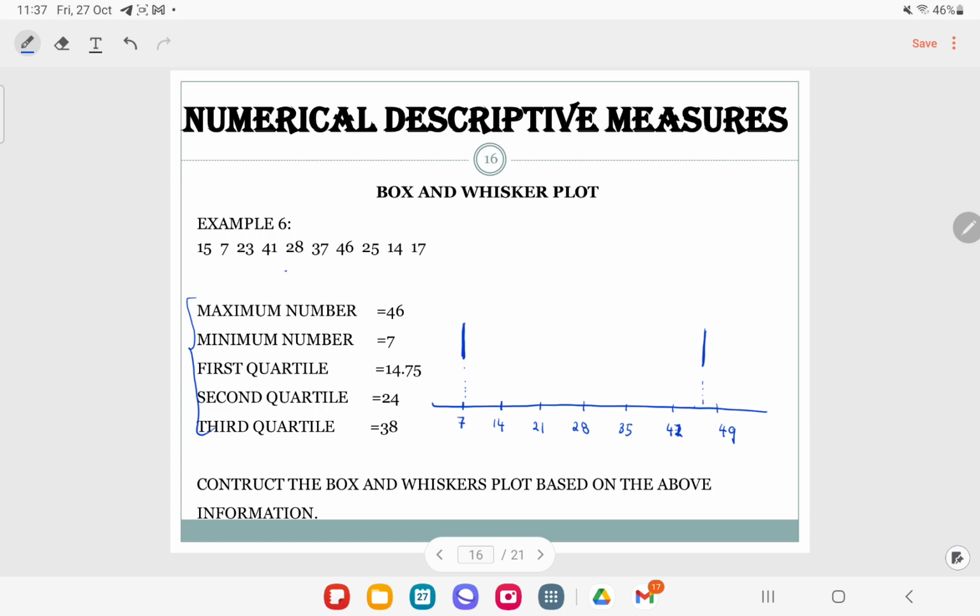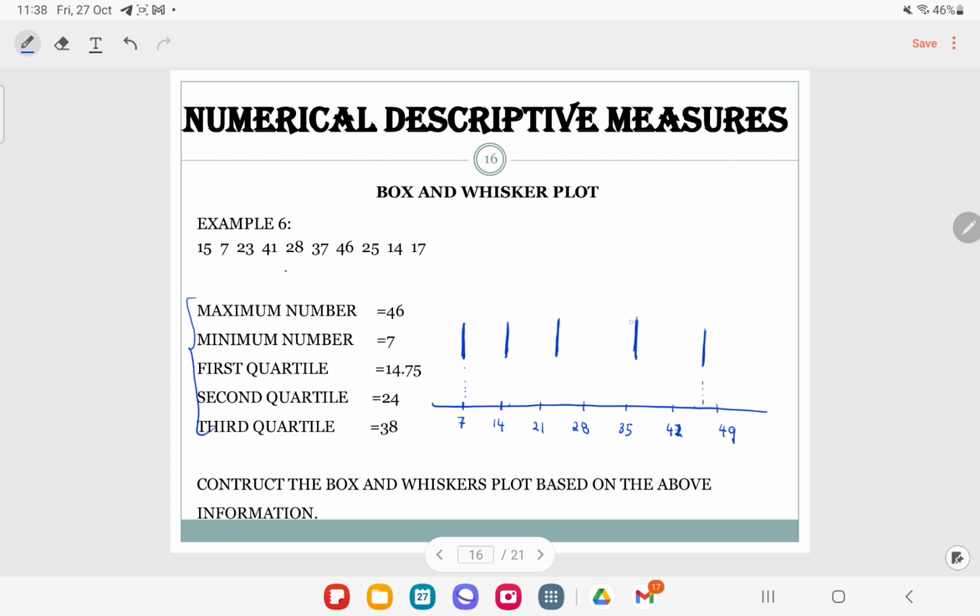Okay, and then the first quartile is 14.75, might be around here fall. Okay, and then the second quartile is 24, 21, 27. So sini akan jadi 24 lah. Okay, estimated 24.